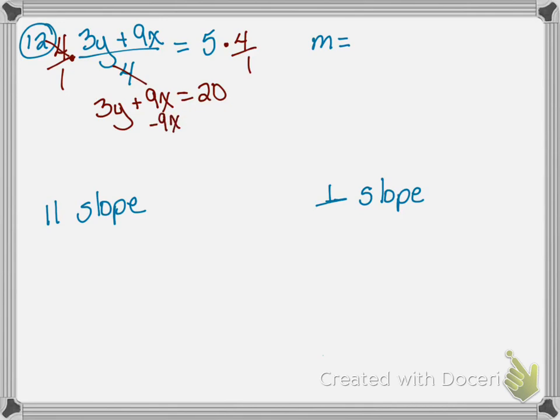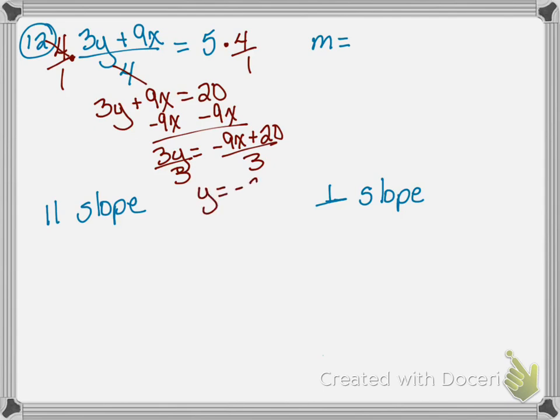So I'm going to subtract 9x from both sides. And you've got 3y equals negative 9x plus 20. Divide both sides by 3. And I get y equals negative 3x plus 20 over 3.